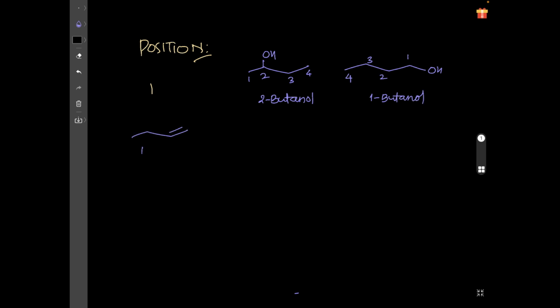Or 1-butene, where the position of the multiple bond is different, and 2-butene. Compounds having the same formula but a difference in substituents: 2-chloropropane and 1-chloropropane.